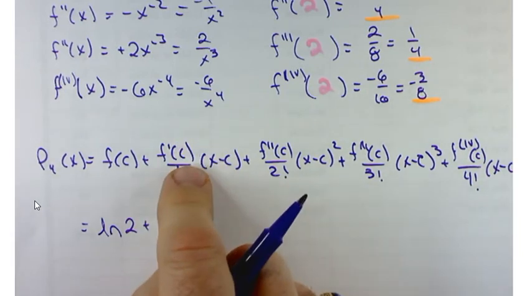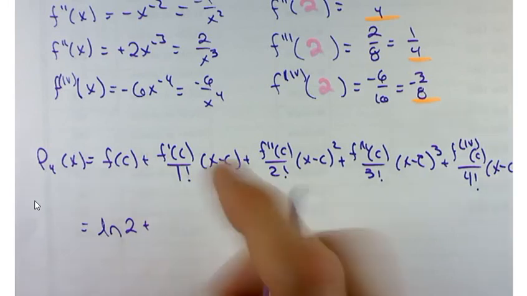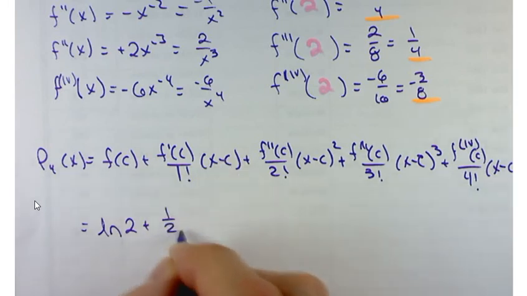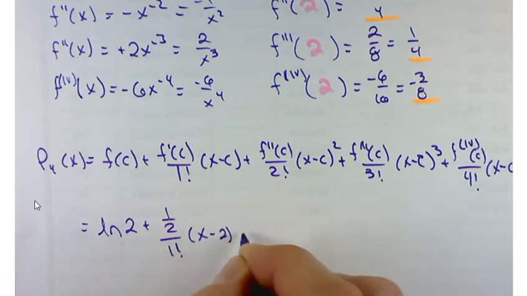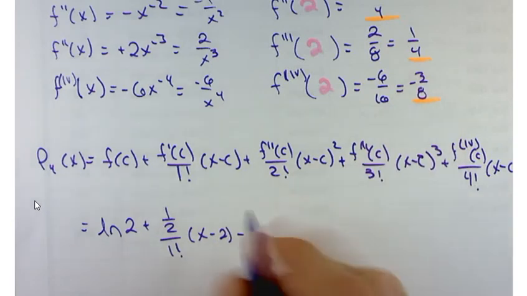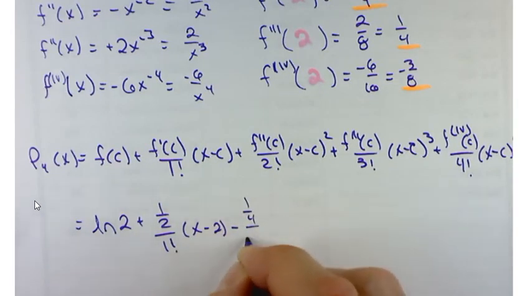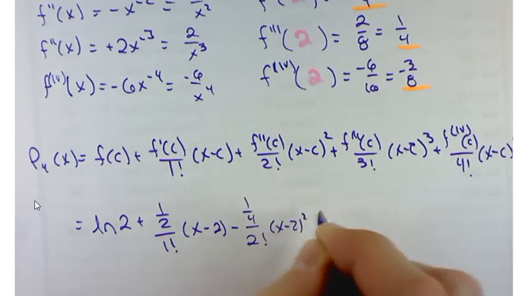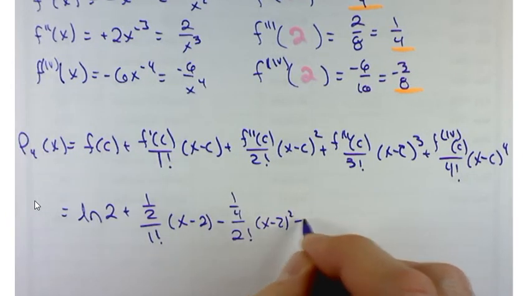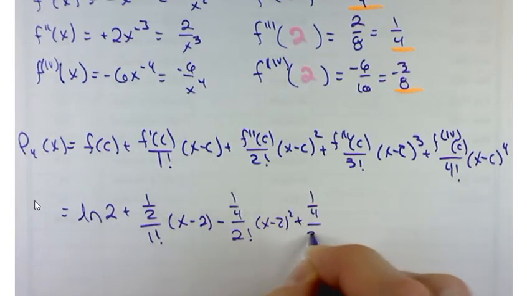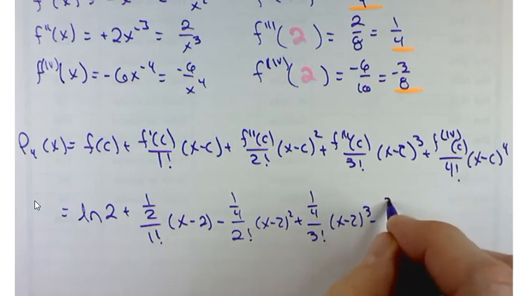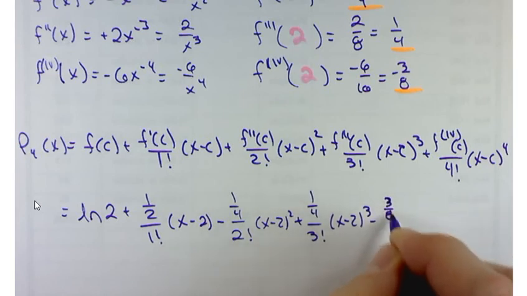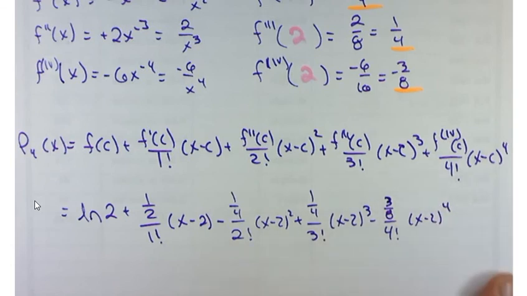F prime of c divided by 1 factorial, so it's going to be 1 over 2 divided by 1 factorial, times x minus 2 to the first power, minus 1/4 over 2 factorial times x minus 2 squared, plus 1/4 over 3 factorial times x minus 2 cubed, minus 3/8 over 4 factorial times x minus 2 to the fourth power.